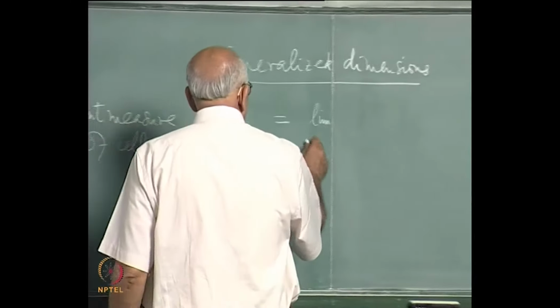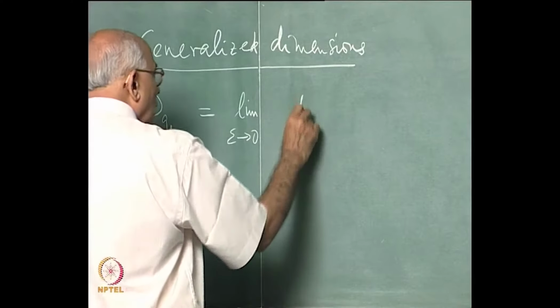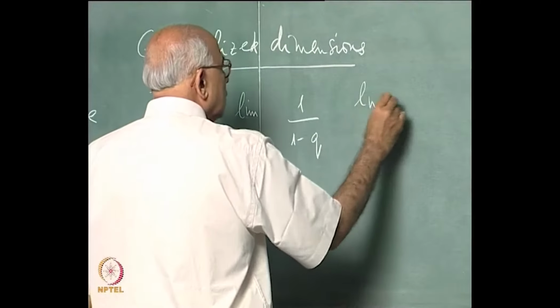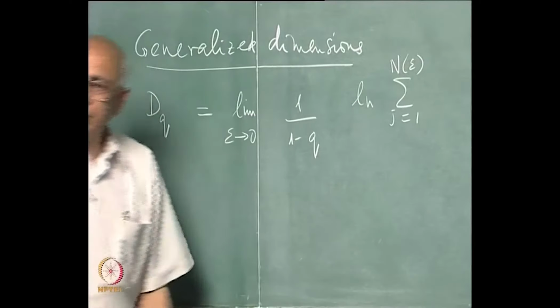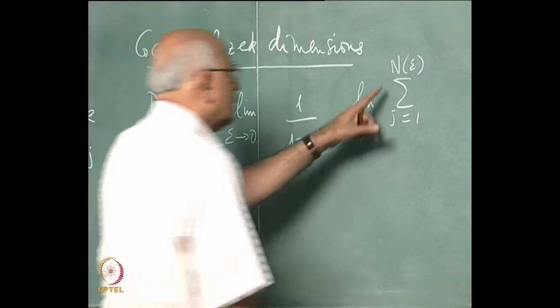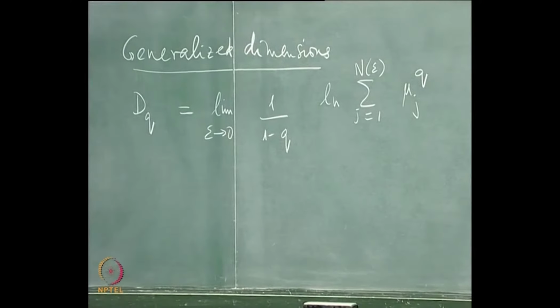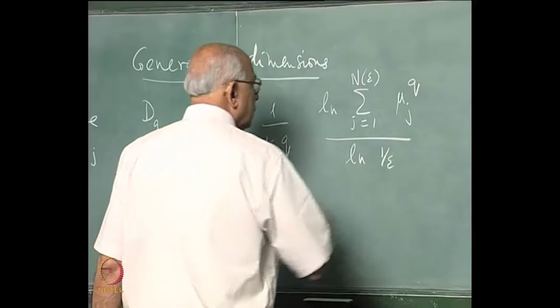Formally let us write limit epsilon goes to 0, where epsilon is the linear size of each cell, of the following: 1 over 1 minus q, the reason for this will become clear, times the log of a summation from j equal to 1 to the total number of cells, and that is a function of the size of each cell. So let us call capital N of epsilon the total number of cells into which my phase space has been partitioned. The log of this sum of mu j raised to the power q, divided by log of 1 over epsilon.